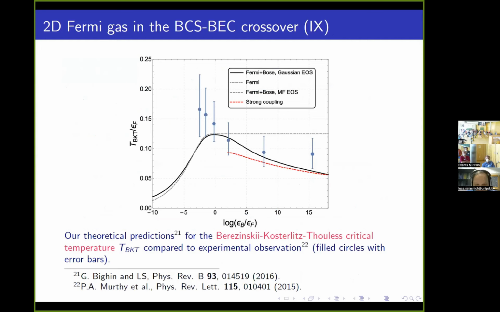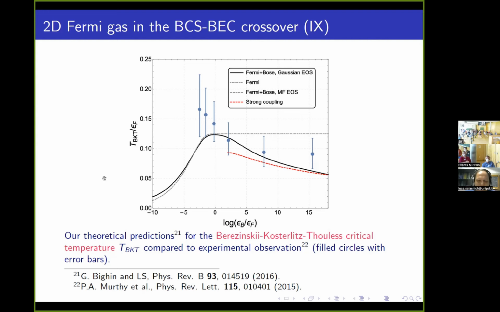We have calculated the critical temperature of the Berezinskii-Kosterlitz-Thouless transition as a function of the crossover, in particular here as a function of the logarithm of the binding energy divided by the Fermi energy, the Fermi energy of non-interacting fermions.